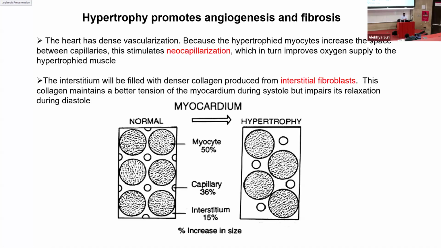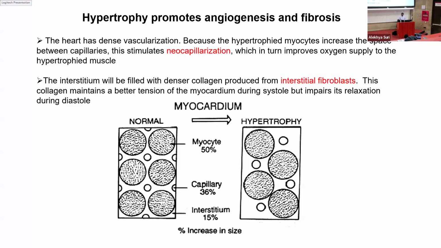If you remember, I said 70% of the cardiac muscle is occupied by non-cardiac muscle cells, which include fibroblasts, endothelial cells and vascular tissues. These fibroblasts will convert to myofibroblasts to support the myocardium during pathological conditions. The fibroblasts produce a large amount of collagen.